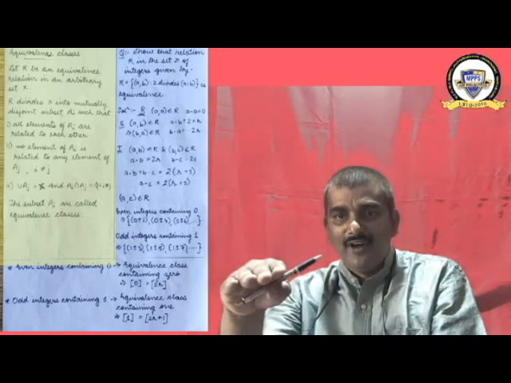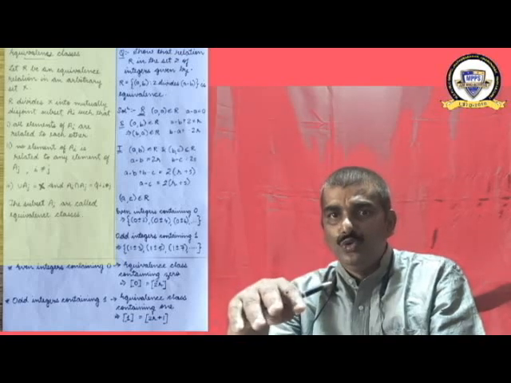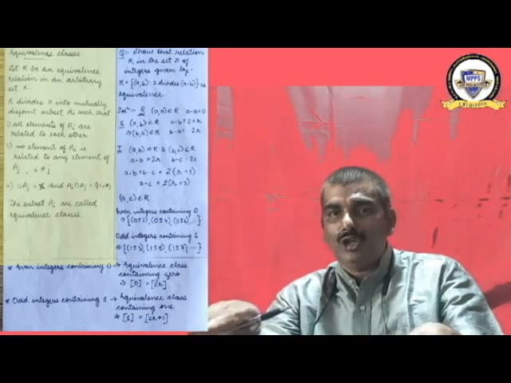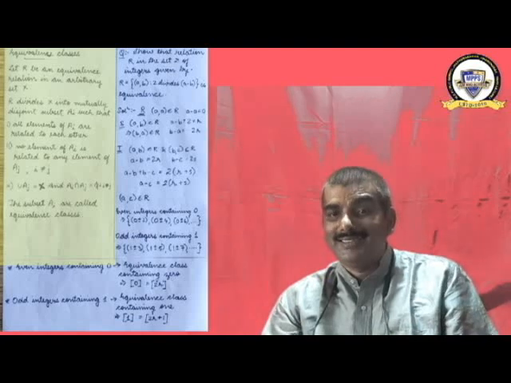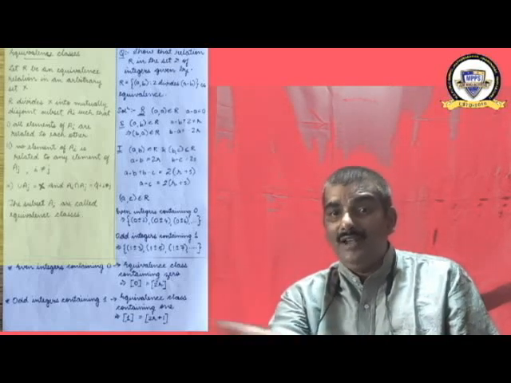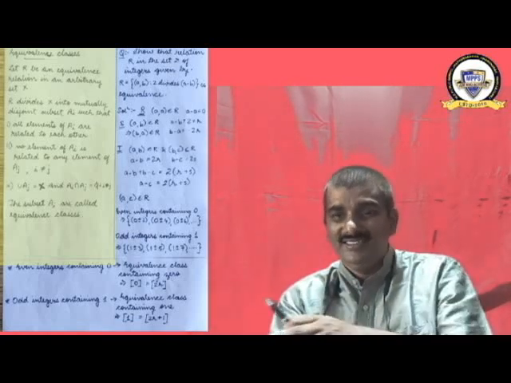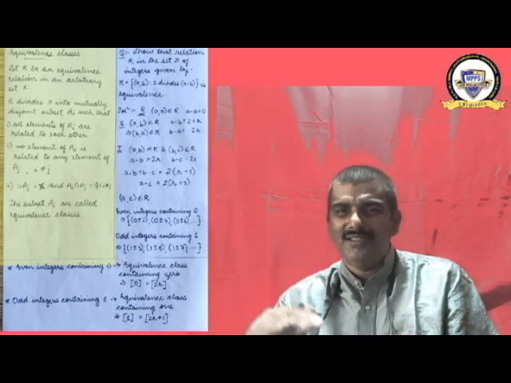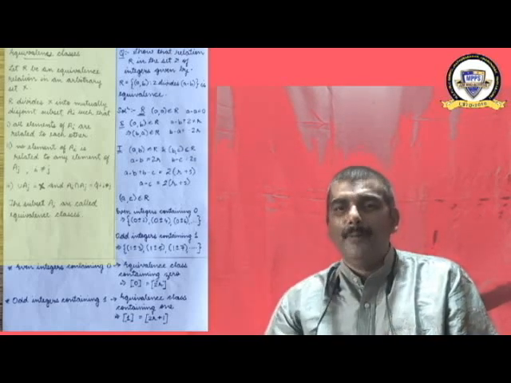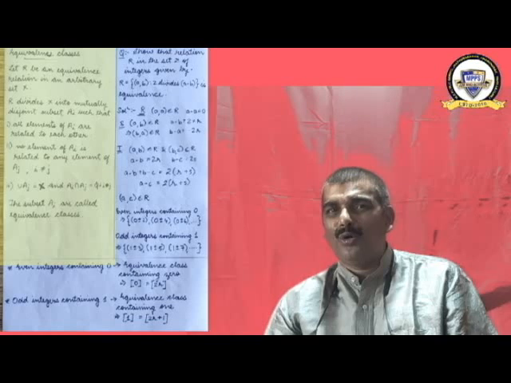See, we are dividing this into mutually disjoint subsets, even integers and odd integers. There isn't any common ordered pair over there. That is why it is called mutually disjoint subsets.